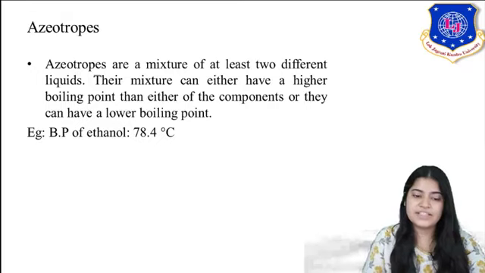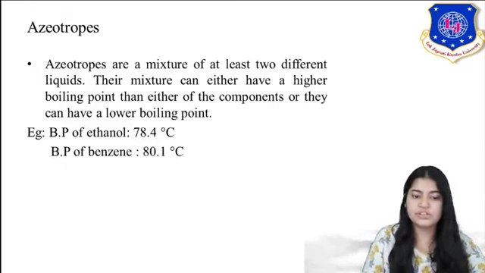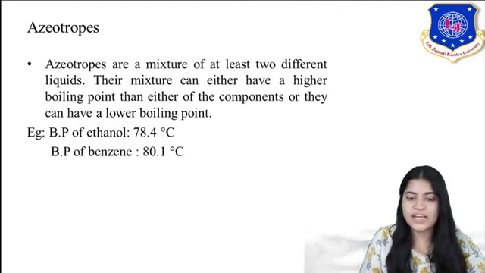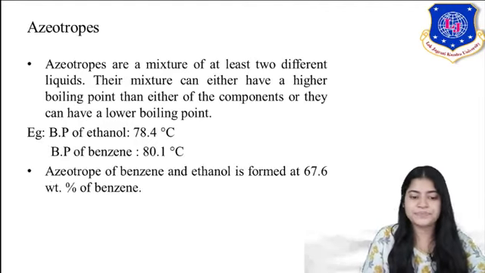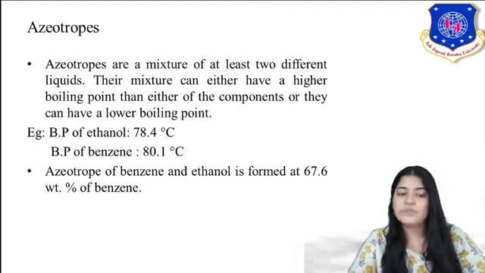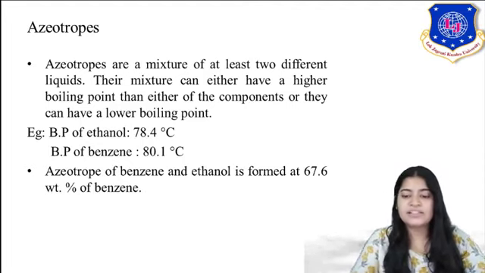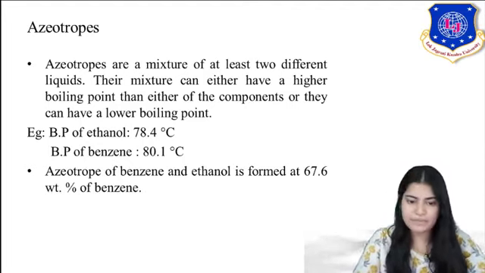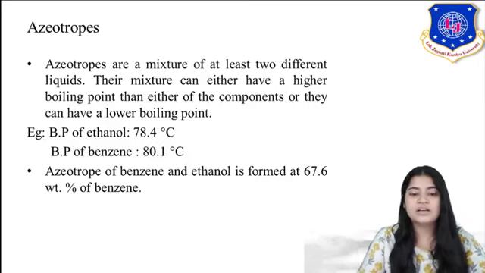For example, the boiling point of ethanol is 78.4 degrees Celsius and the boiling point of benzene is 80.1 degrees Celsius. The azeotrope of benzene and ethanol is formed at 67.68% of benzene. Benzene is the least volatile component, and ethanol is the more volatile component here.